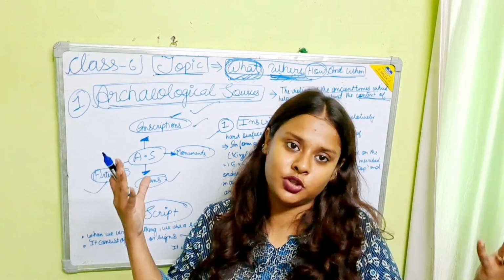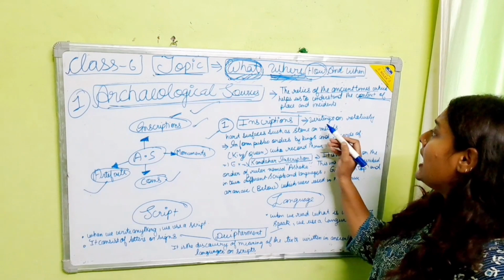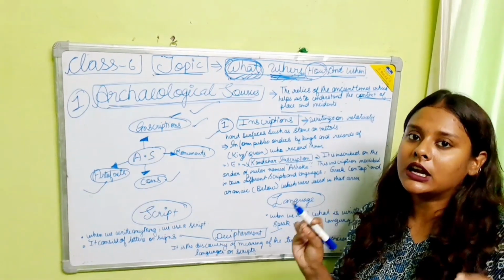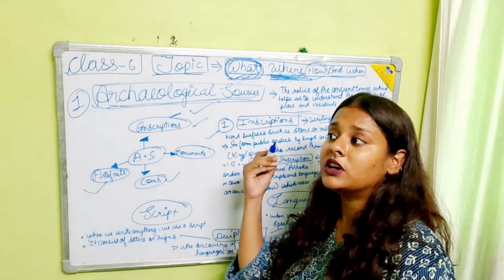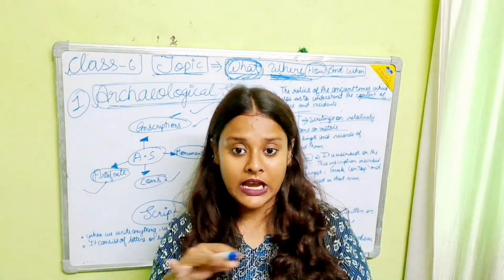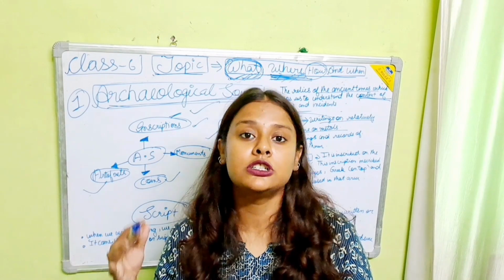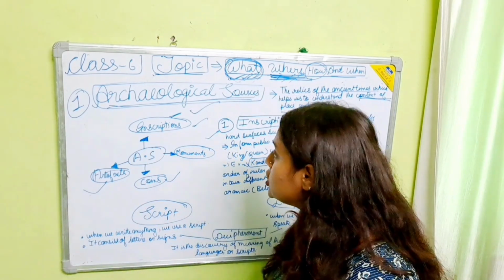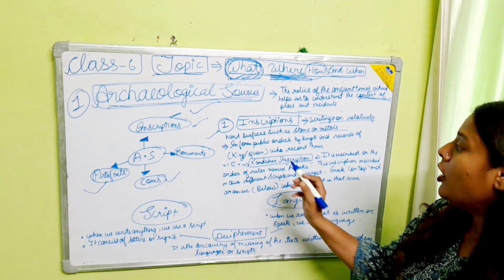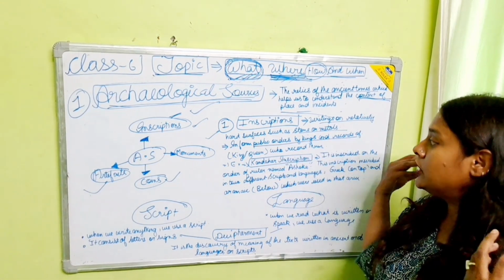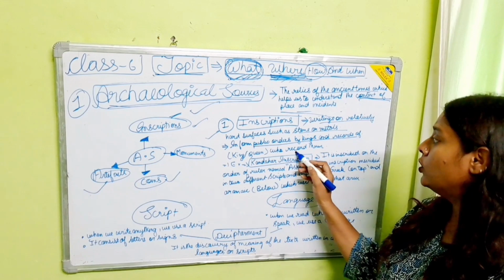What are inscriptions? Inscriptions are writings on relatively hard surfaces such as stone or metals. The writings which were carved on a hard surface such as metal, a wall or stone are called inscriptions. They were in the form of public orders by the king, or records of the king or queen who recorded them.